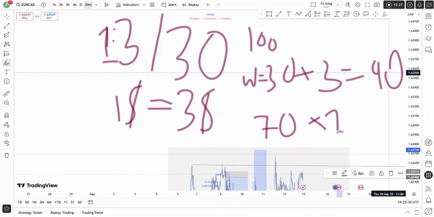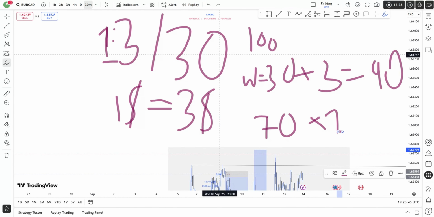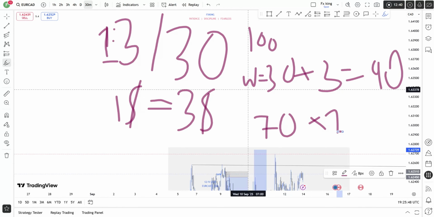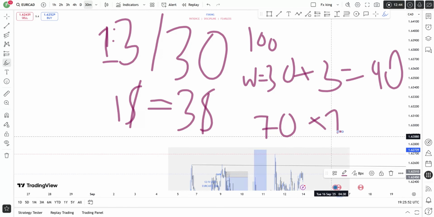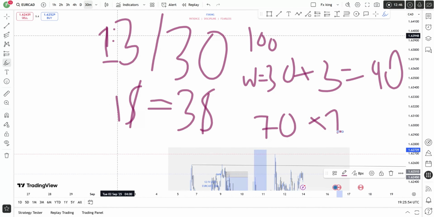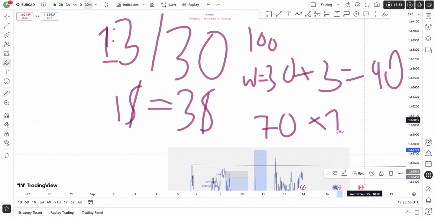You take this $90 and minus 70 from it, and you'll be left with $20. So though you took 100 trades and lost 70 of them, you won only 30. If you stick to a risk to reward ratio of 1:3, you are going to end up with $20.